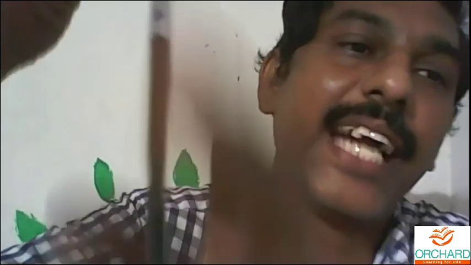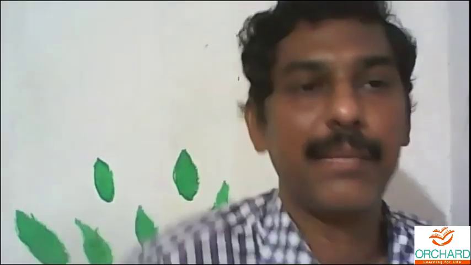Assume that this container, my palm, contains mercury and mercury is going inside this tube and it has some amount of height. So this height is 760 millimeter of mercury. That gives directly the value of atmospheric pressure.